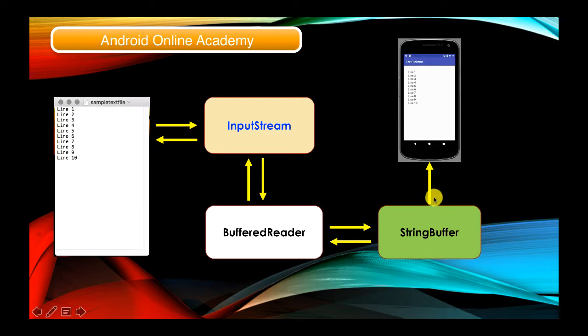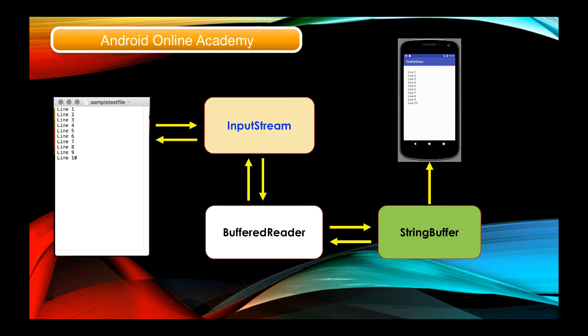And the contents of the string buffer would be passed into the text view. So just remember this model here, and we would be in a better position to understand everything that I shall be showing you once we are inside our Android Studio IDE.